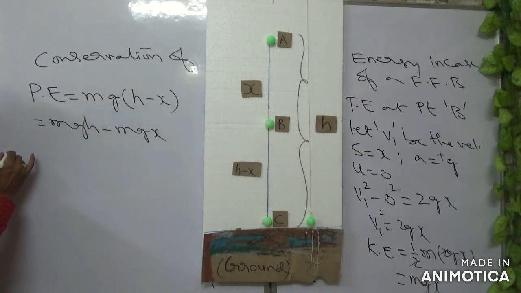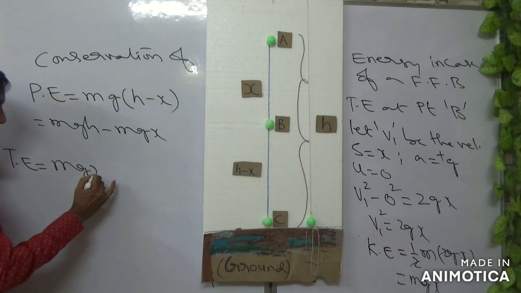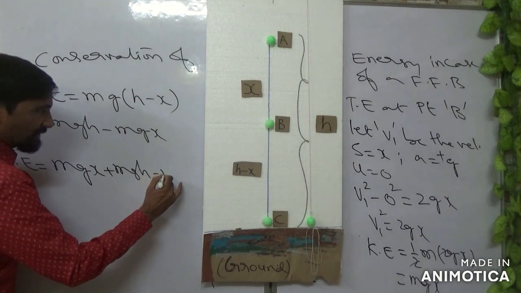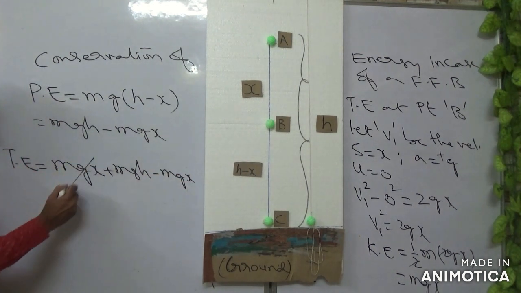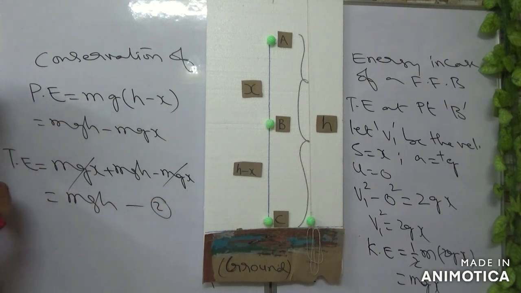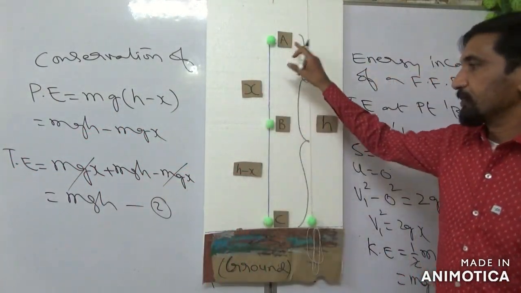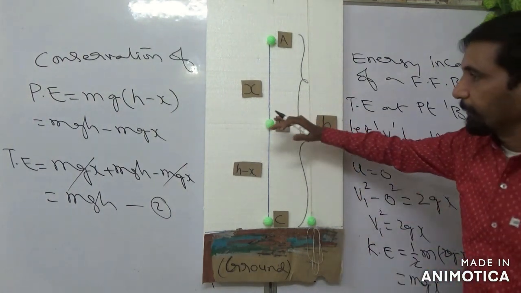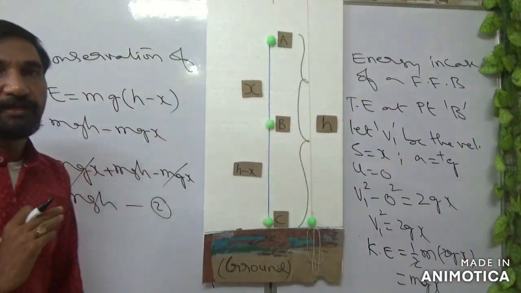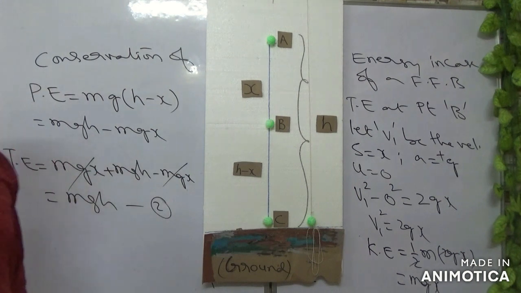Total mechanical energy is the sum of kinetic and potential: mgx plus mgh minus mgx. These two get cancelled and you get mgh only. Take it as equation 2. At point A total energy is mgh, at point B also it is mgh. Now we want to find it at point C, just before it touches the ground.